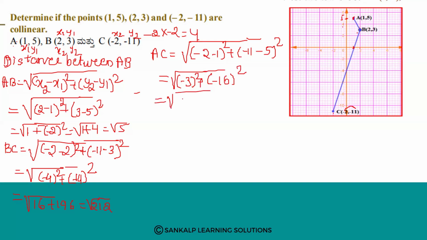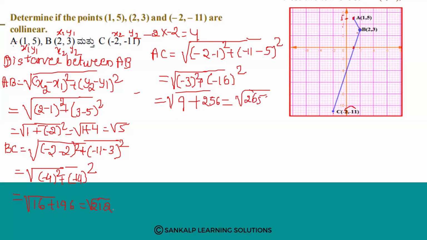Minus 3 whole square is 9, 3 3s are 9. 16 whole square is 256. So 9 plus 256 is 265.